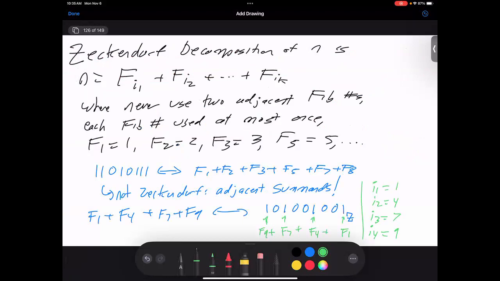We have 9 summands. The first summand is 1, the second summand has index 4, the third has index 7, the last one is 9.